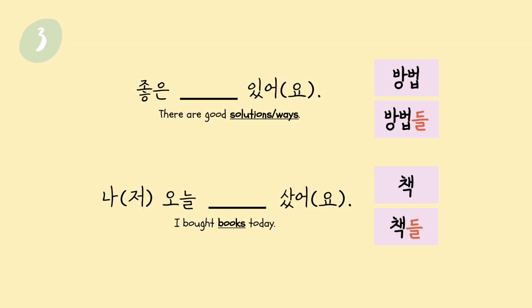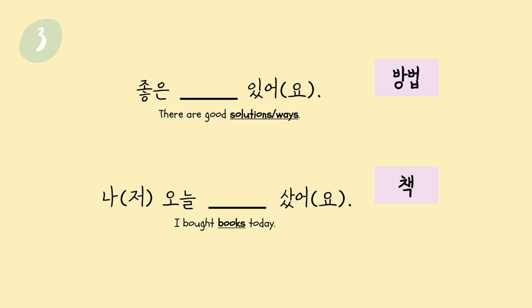방법, 방법들. 책, 책들. The answer is 방법, 책. Abstract nouns and small items just sound awkward with 들.